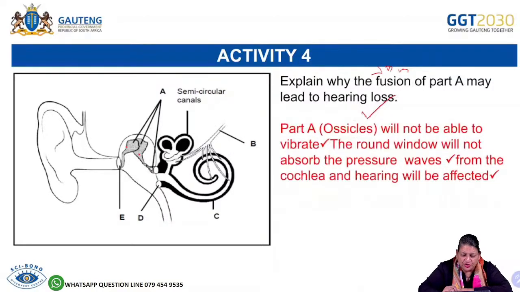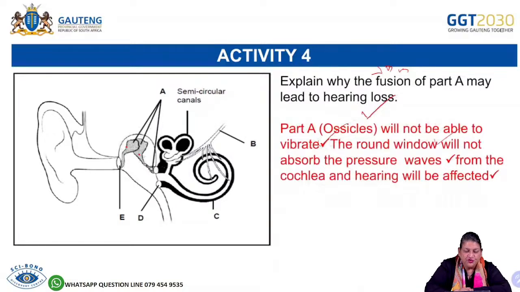Part A is the ossicles. It will not be able to vibrate if it's fused as one bone, and therefore it will not be able to amplify the sound vibrations. The round window will not be able to absorb pressure waves from the cochlea, and hearing will be affected.